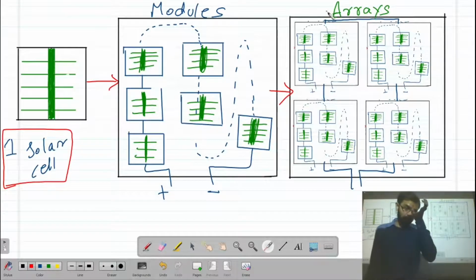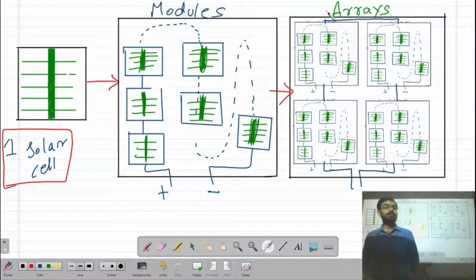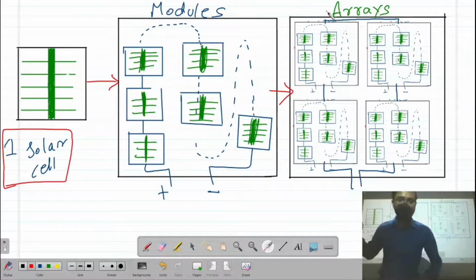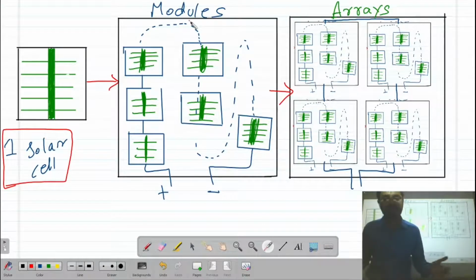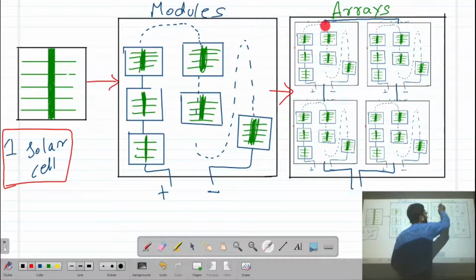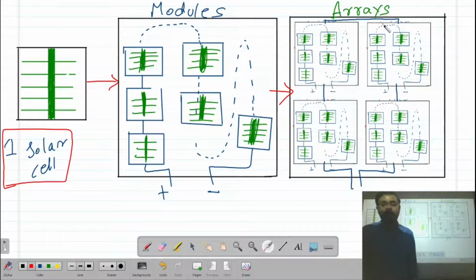Right? So for commercial application, a single photovoltaic cell will have very low voltage and low current for its application point of view. But to increase the voltage and current, we will have series and parallel combinations of solar cells making a module, and further making the arrangement of a number of modules in a system, that will form arrays, right?